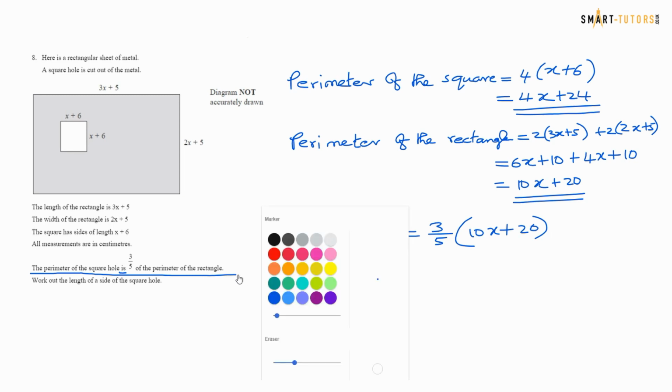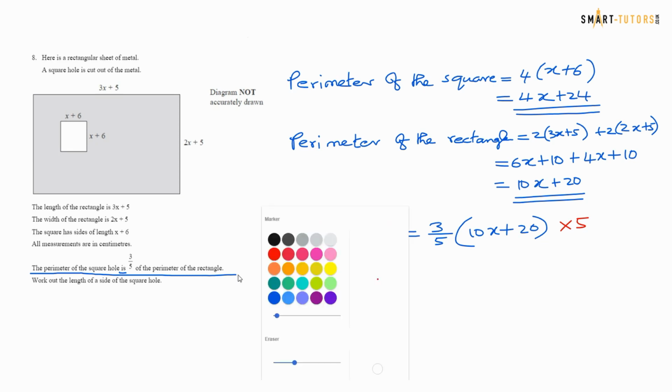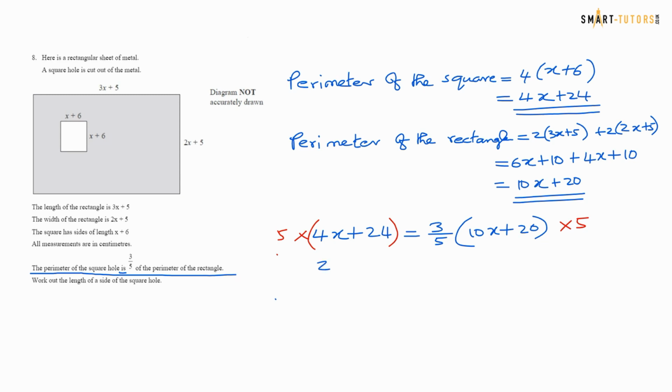So I'm going to times both sides by 5 to get rid of the 5. You can still expand the brackets, but I'll do the same as what we did before. So if you continue, that one is 20x plus 120, and this 5 and this 5 cancel, 30x plus 60.